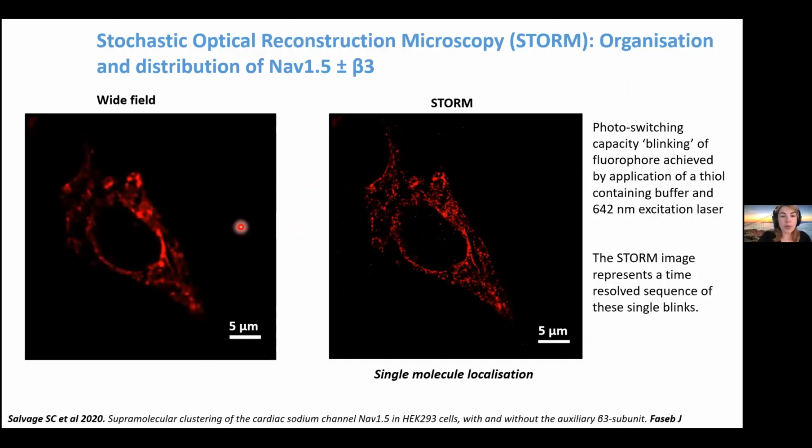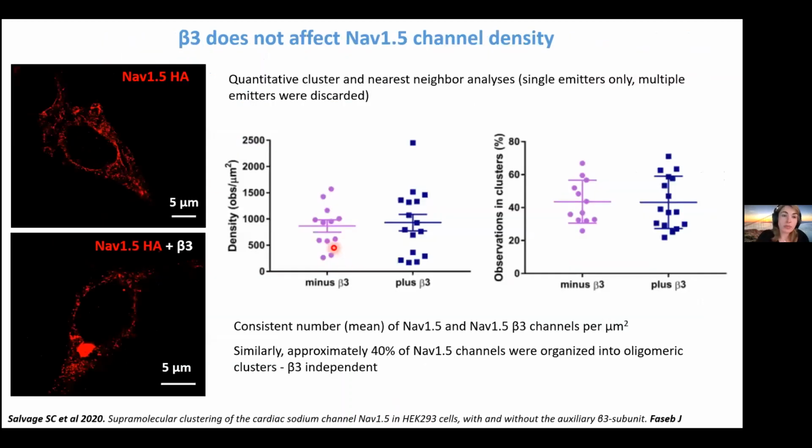It goes from an on state to an off state where it remains, so effectively the fluorophore blinks only once during the experiment. It allows you to get a time-resolved sequence of blinks, and therefore the precise location of where the protein is. We did this for NaV1.5 on its own and in the presence of beta-3.